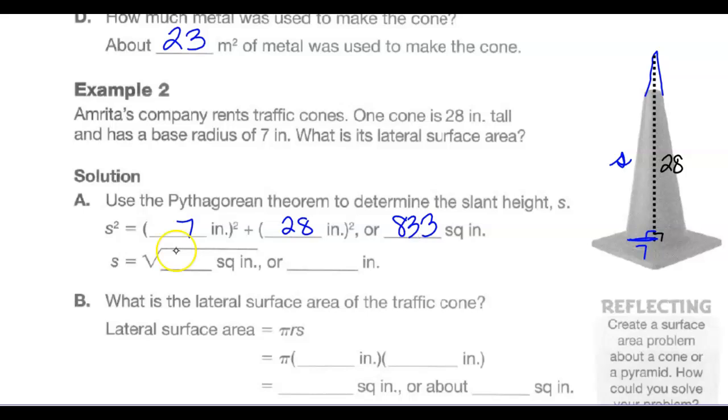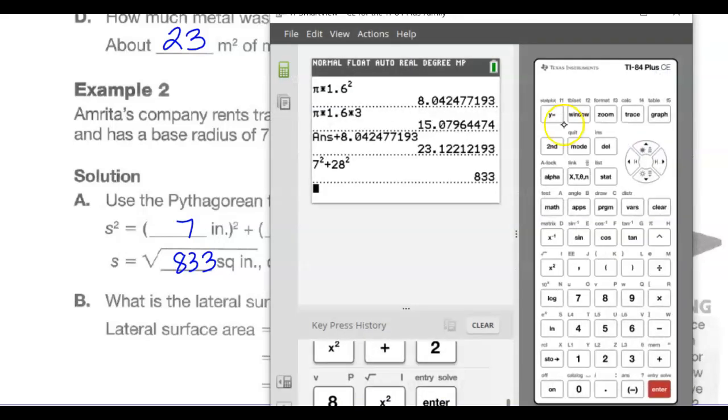Okay, and then we're going to square root that. If it's already in your calculator, on a scientific calculator, you can just press square root and it will do it. In mine, I have to copy it out.